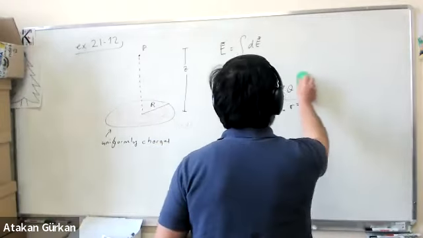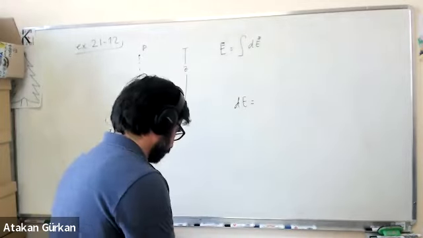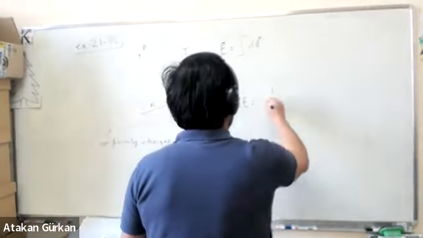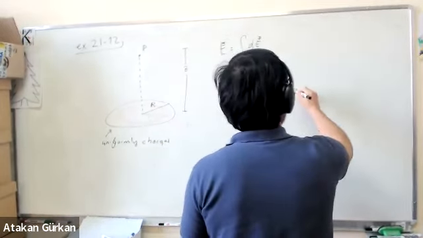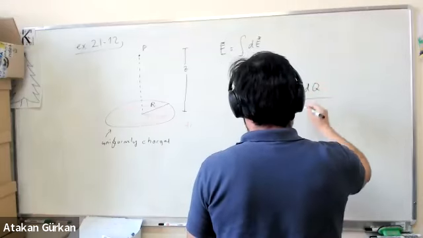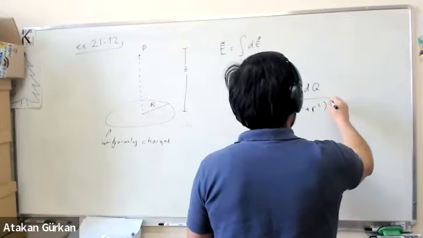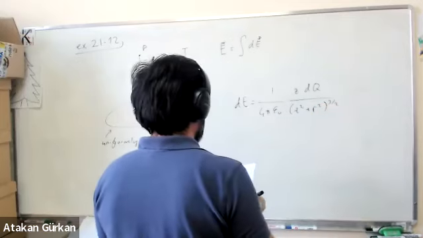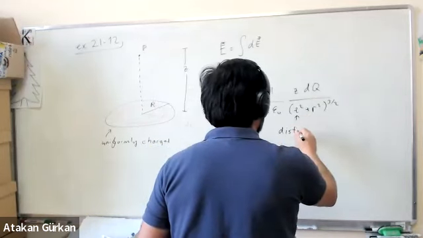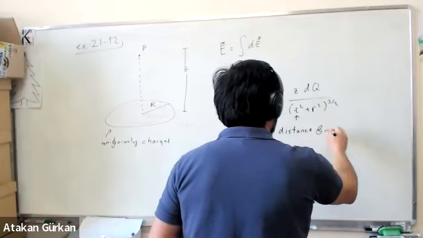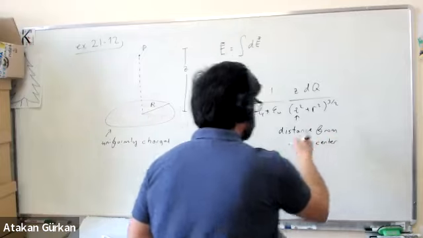So here, the expression that we have already derived is 1/4 pi epsilon naught, Q Z over (Z squared plus R squared) to the 3/2, or in our case dq. Z is the distance from the ring center.